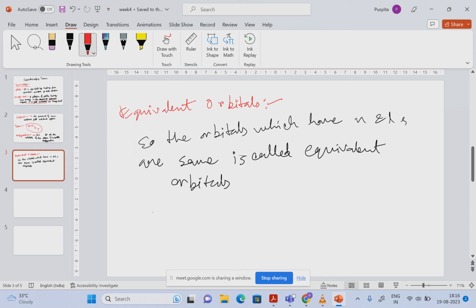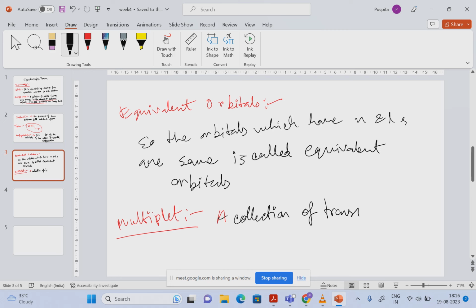And now this thing called multiplet. Okay. A collection of transitions between two terms is called multiplets.